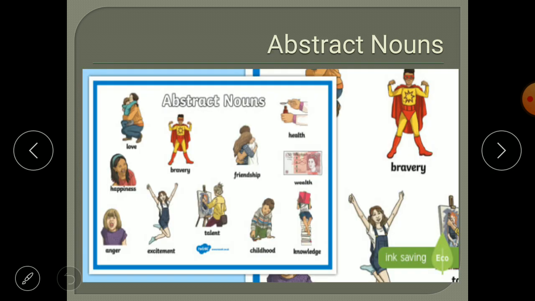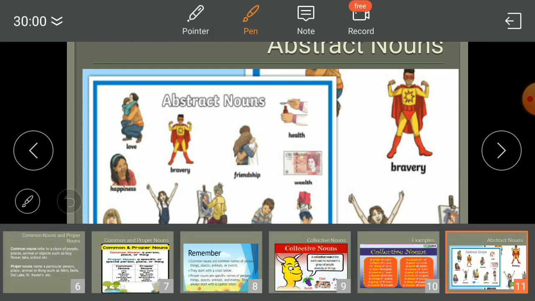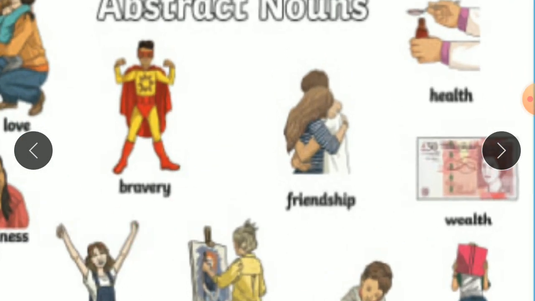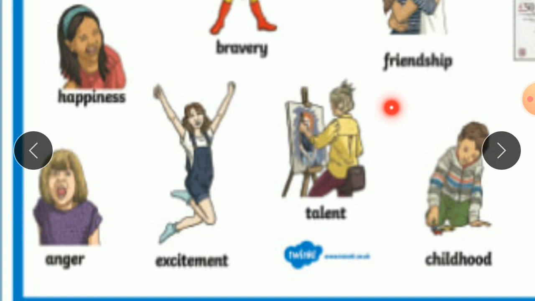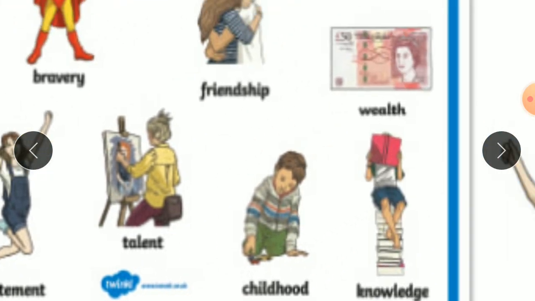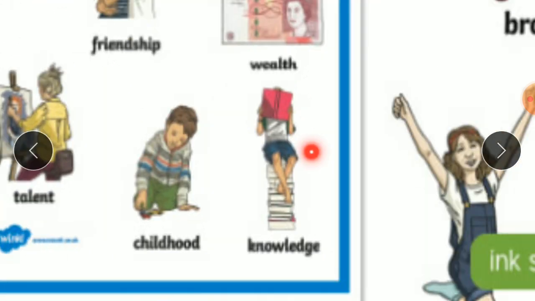The next is the abstract nouns. Children, abstract nouns are the nouns that cannot be touched or seen, but they show the emotions, ideas, and qualities. Like in this picture, you can see love, bravery, friendship, happiness, anger, excitement, talent, childhood, wealth, knowledge.